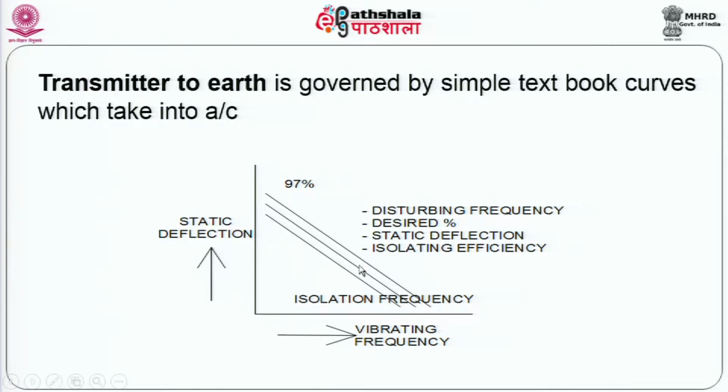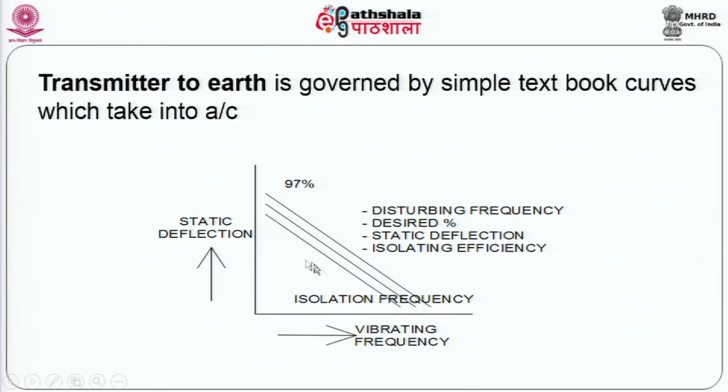In this, one has a choice to select a high level of control or a low level of control. For instance, let us say you are putting an AC equipment over a garage. There is no point in trying to work at 97%, you can come down to perhaps 93%, 94%.